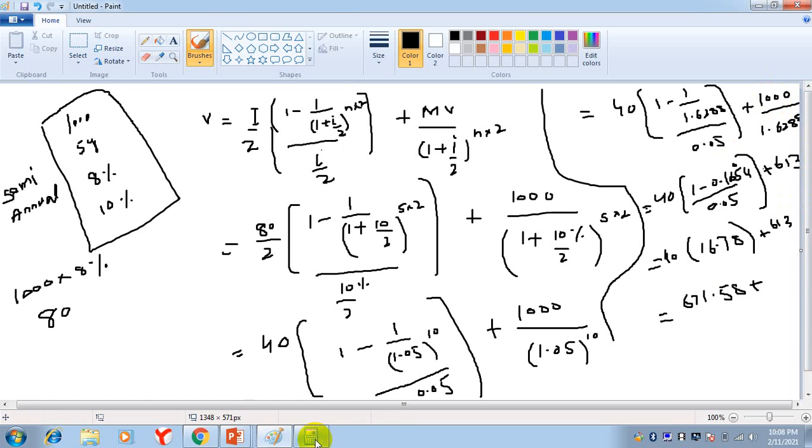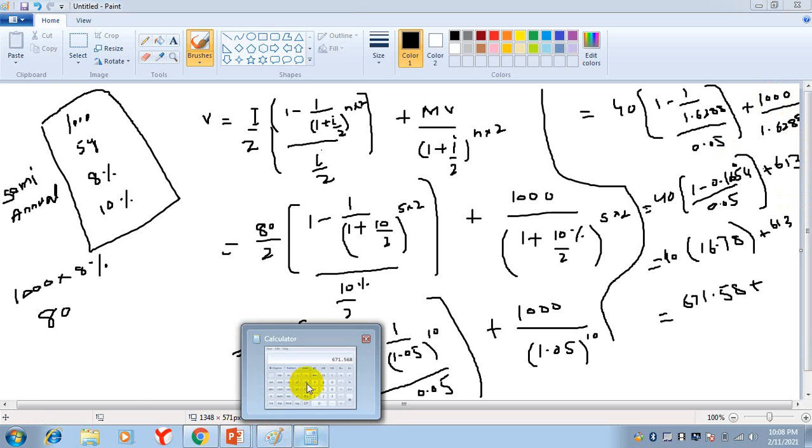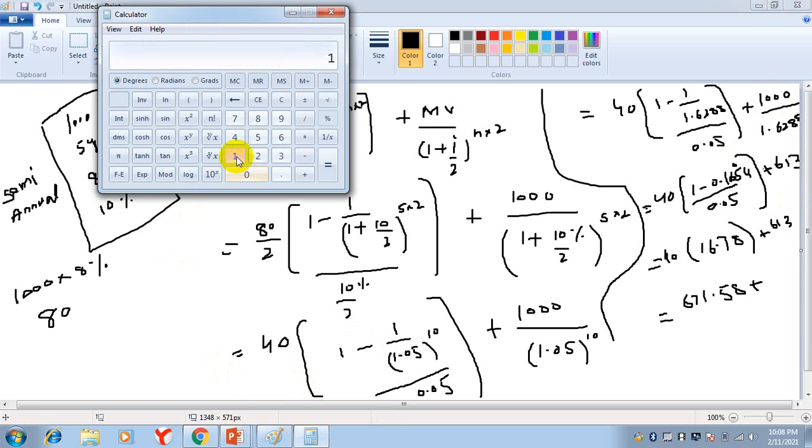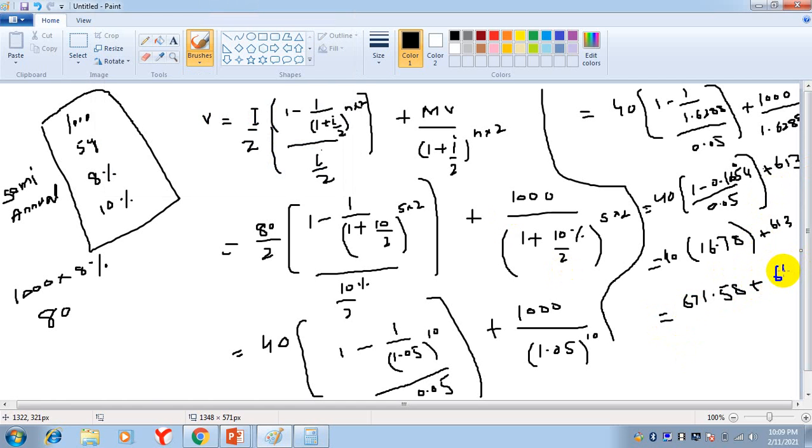This calculation, I will calculate it again. 1000 divided by 1.62 gives 613. So plus 613.